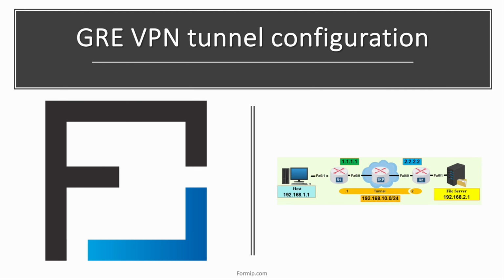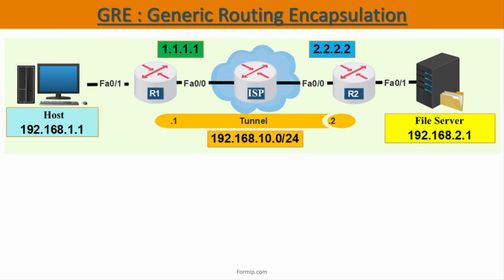GRE tunnel VPN configuration. In this course, we're going to look at setting up a VPN with GRE encapsulation. The GRE protocol allows IP packets to be placed in another packet so that it can be sent through a tunnel. As we can see on this topology, the GRE tunnel looks like a normal link, except that it's virtual.